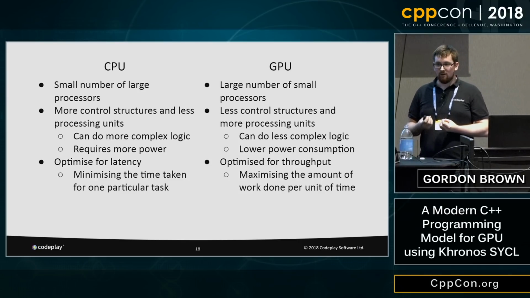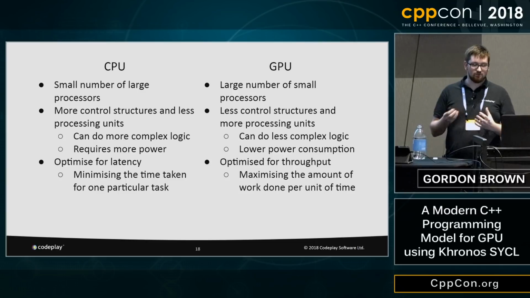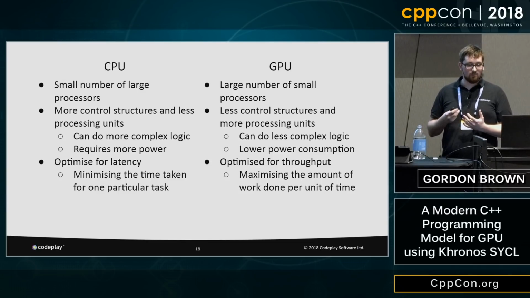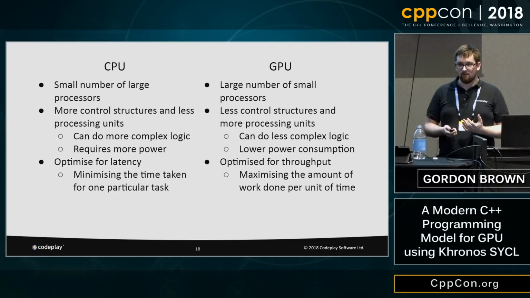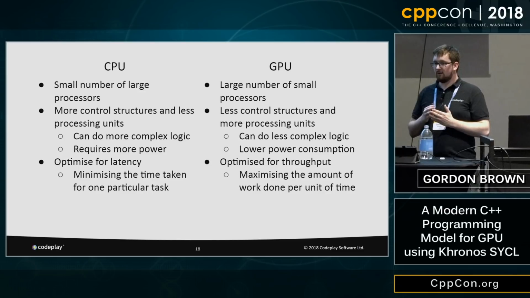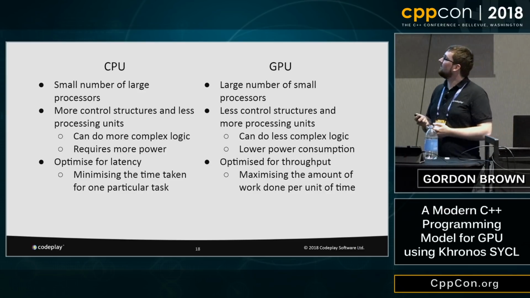However, this requires quite a lot of power. GPUs, on the other hand, have a large number of very small processors and fewer control structures. It's a less flexible programming model, with more restrictions, but it requires a lot less power and is optimized for throughput, so it's optimized for doing a large amount of work in a small amount of time.